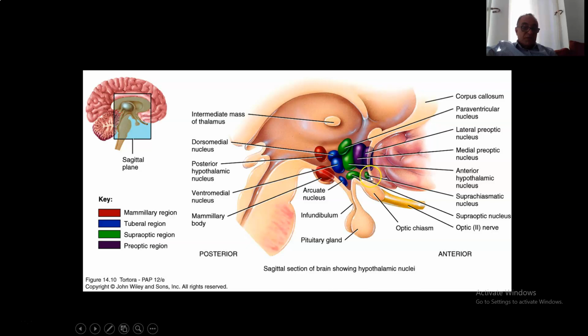So this above the chiasm is the chiasmal region, going in the middle, giving the tuber cinereum and the pituitary stalk, is the intermediate region, and the mammillary region or the posterior region. Again, you will find these nuclei distributed in the three regions: chiasmal, the tuberal region, and the mammillary region.